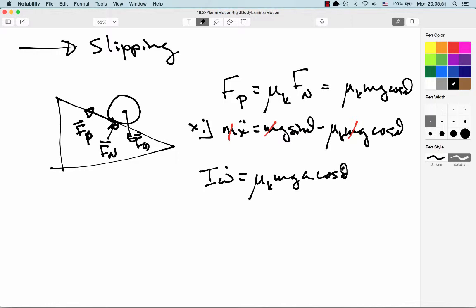So with that, we can go ahead and do the same trick of saying this is m k squared omega dot equals mu k m g a cosine theta. And doing that, we can cancel the m's.